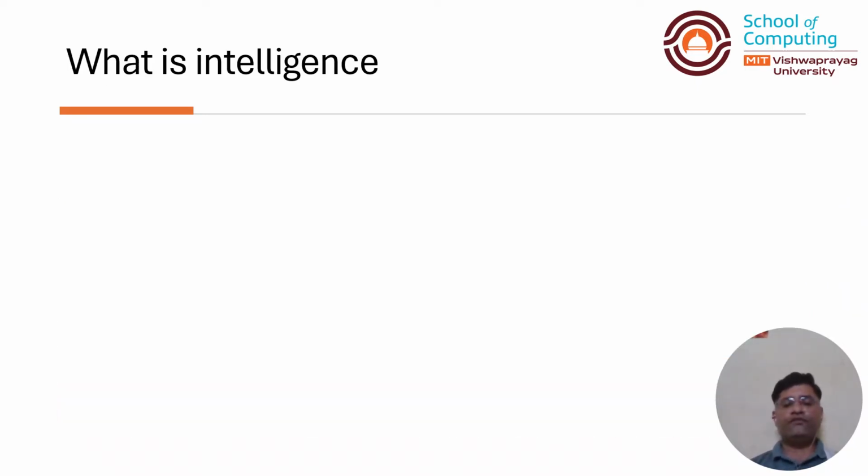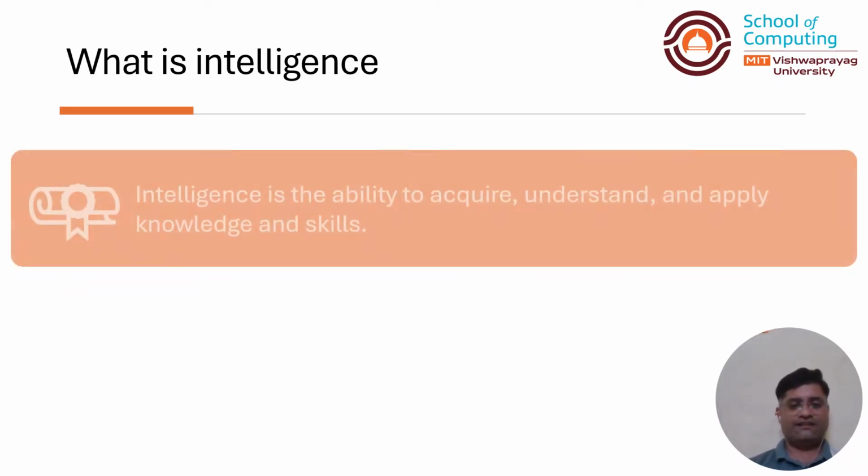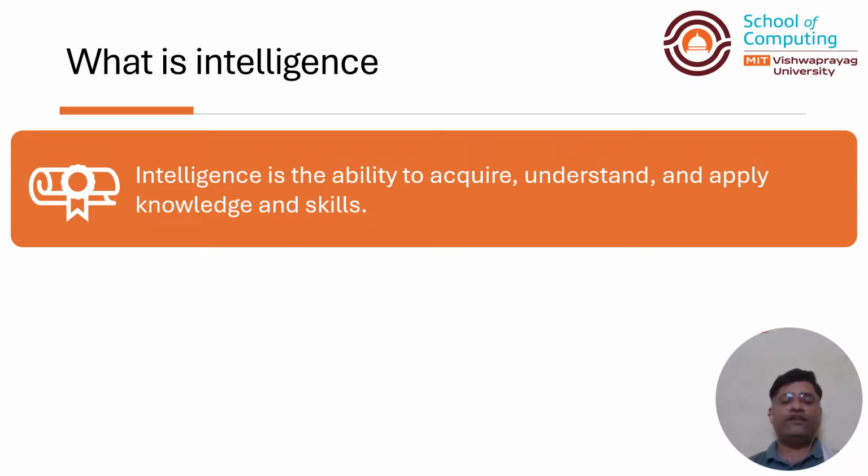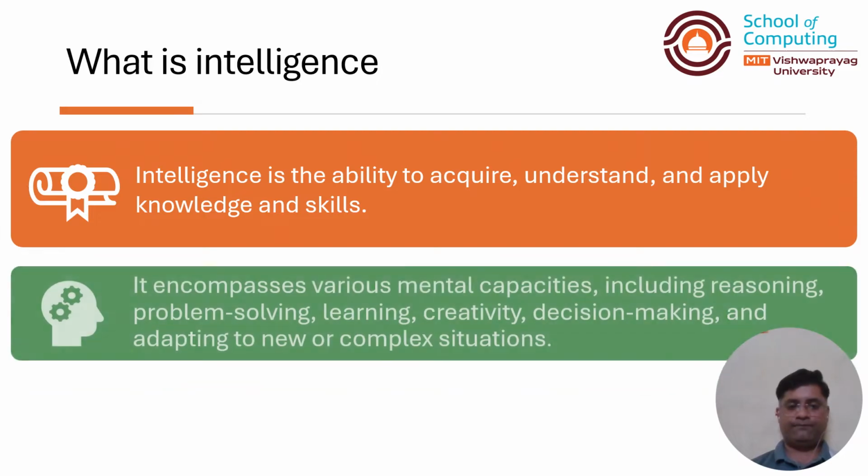Before proceeding to artificial intelligence, we'll try to learn what intelligence means. We all know human beings are intelligent by birth. What do you mean by intelligence? That is, what do you mean by natural intelligence? See, this is the simple definition of human intelligence. Intelligence is the ability to acquire, understand and apply knowledge and skills.